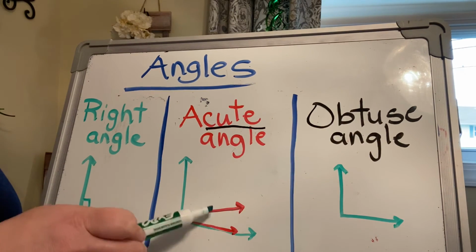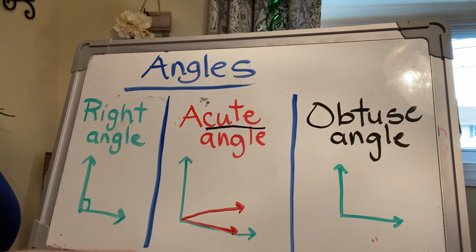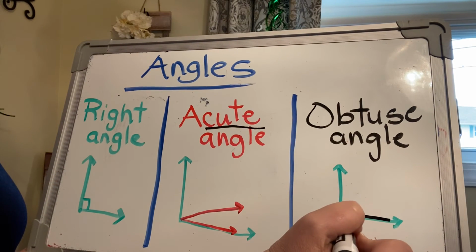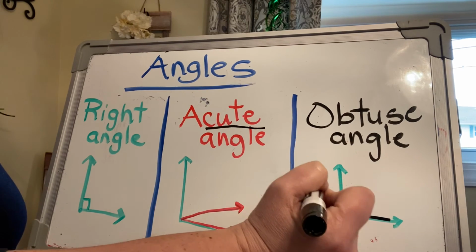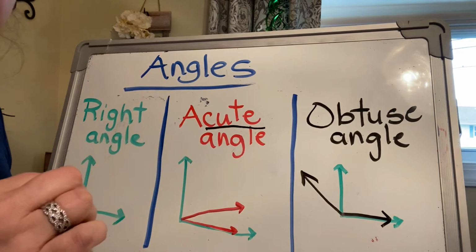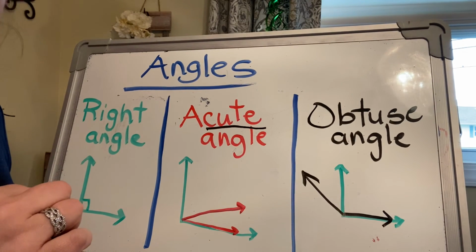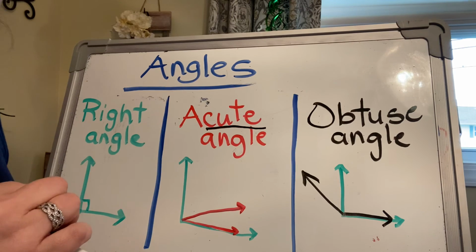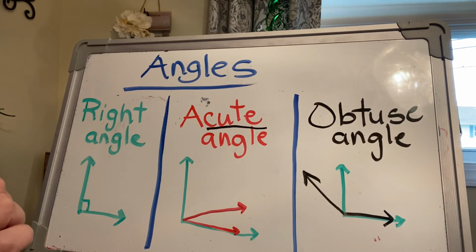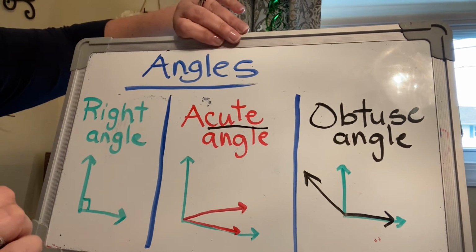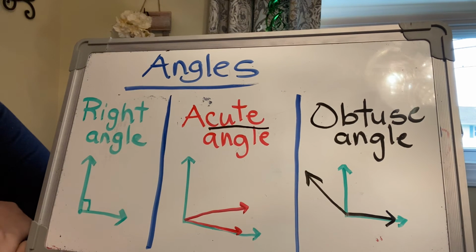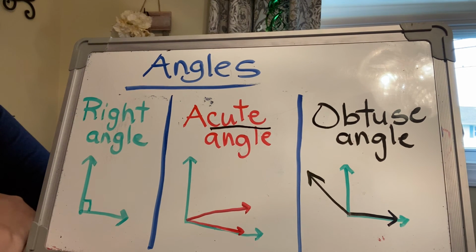Anything smaller that fits inside is acute, but anything larger, like this angle here in black, that's bigger than the right angle, that's obtuse. It's larger than a right angle. It could not fit inside it. In fact, the right angle would fit inside of an obtuse angle. Okay? So there are all our vocabulary terms that you're going to need to know for this geometry unit.